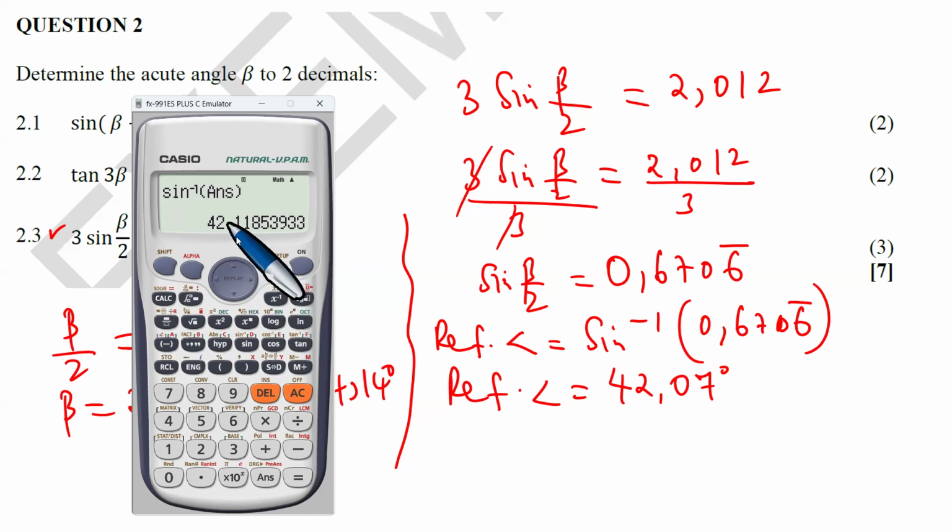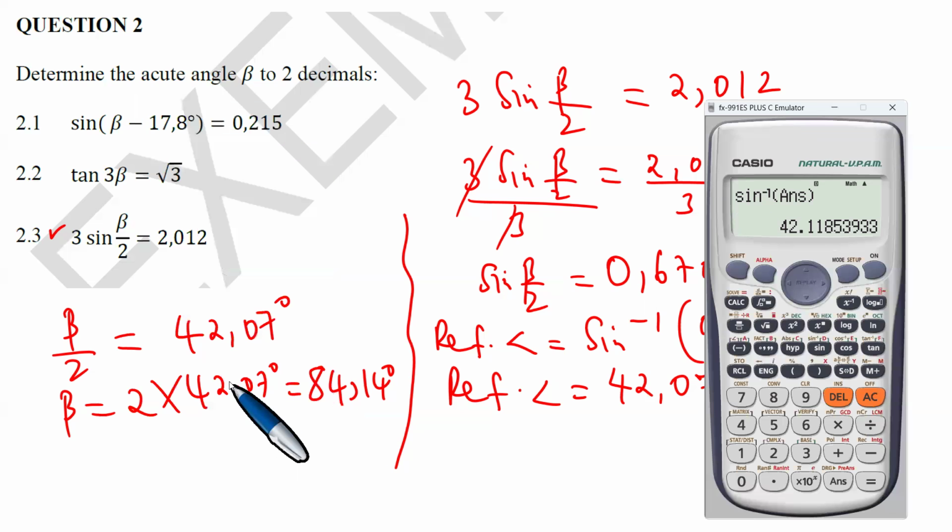This is okay, but this is more accurate because I did not round off anything. Then you take the 42.11 and multiply it by 2, which is 84.23. So all these are approximate answers, but this is more accurate. You can write it as 84.24 degrees.